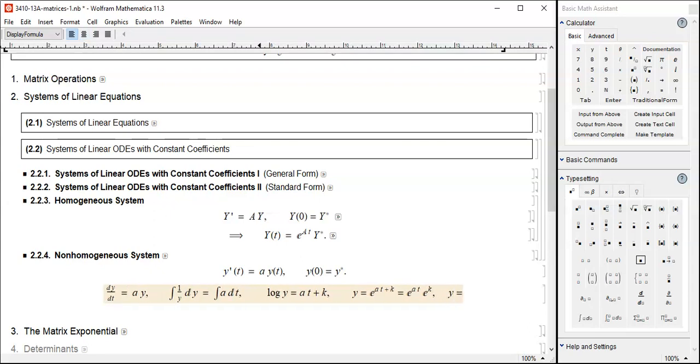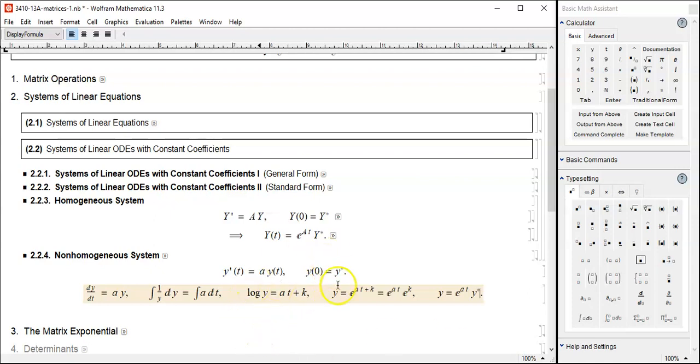So y is some e to the a t times something. Let's say you can write it like this, but it turns out if you plug in the initial condition t equal to 0, then this will become 1, so this c will be the same as y star. It will become like this.